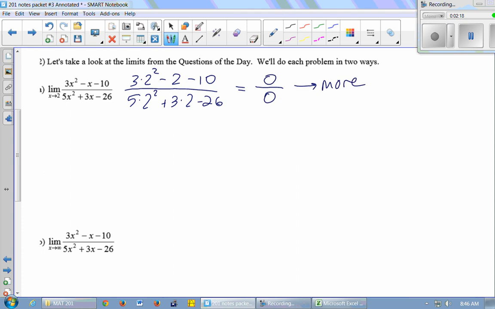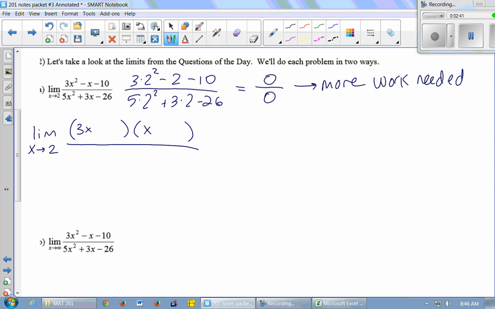So we have done problems like this before, and the more work part meant try to factor and cancel, or do some fancy algebra to make it so that you can plug in a 2. So let's see, if this thing factors, we'd have 3x and x, and 5x and x.